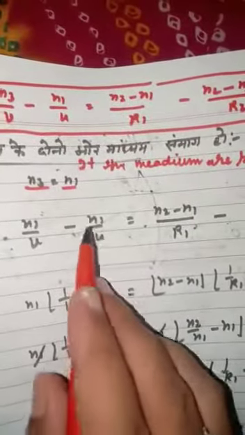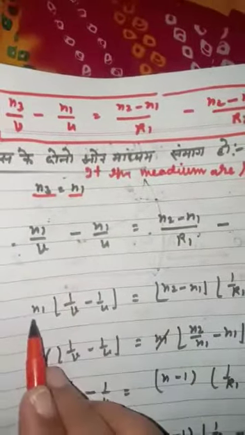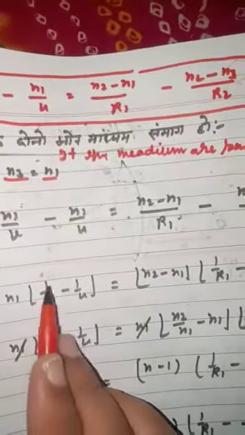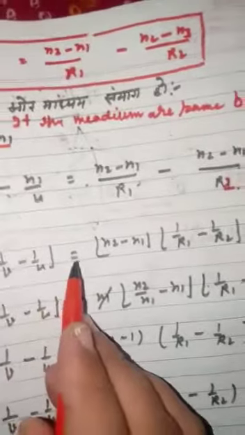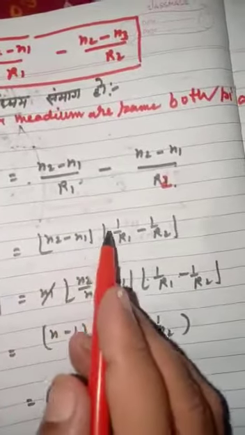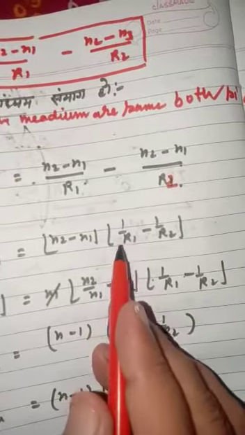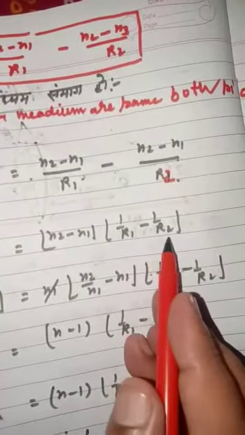Then we can take N1 common on the left hand side, and we will get N1 in bracket 1 upon V minus 1 upon u is equal to N2 minus N1 in bracket 1 upon R1 minus 1 upon R2.